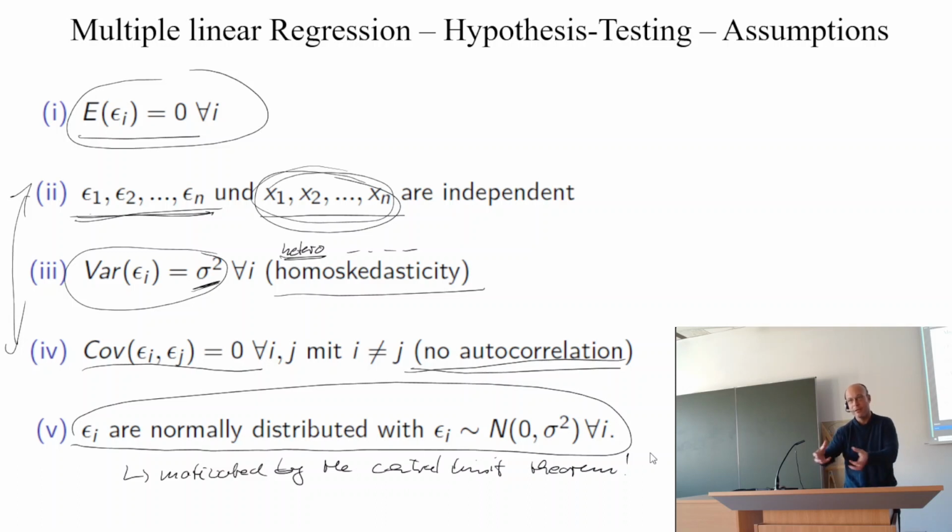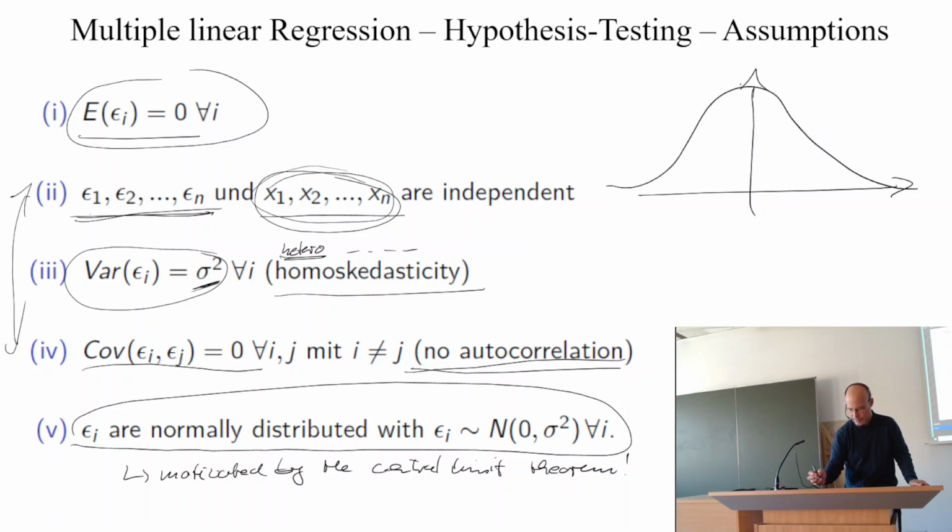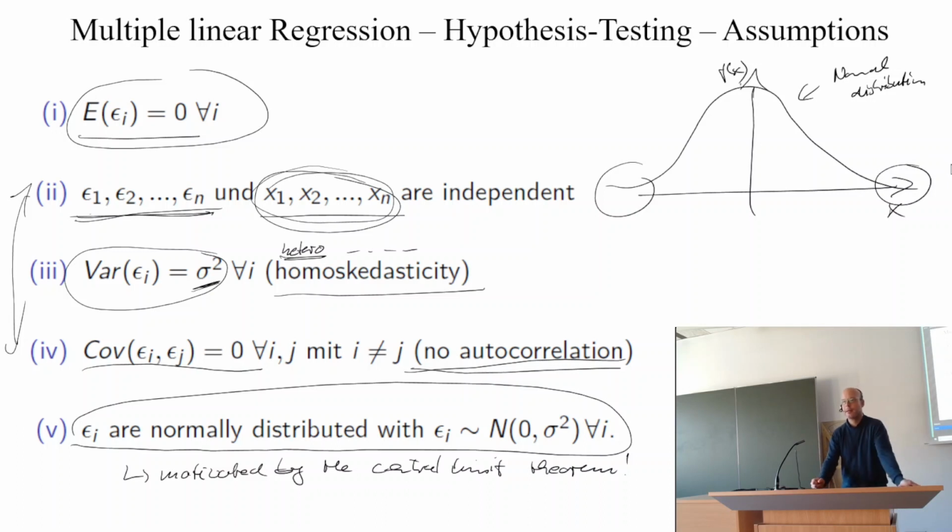Because especially if we go to social science, then we see, and you know this Gaussian curve for the density function of the normal distribution, that especially the probability for events in the extreme part of our distribution due to the density of the normal distribution is very, very low.